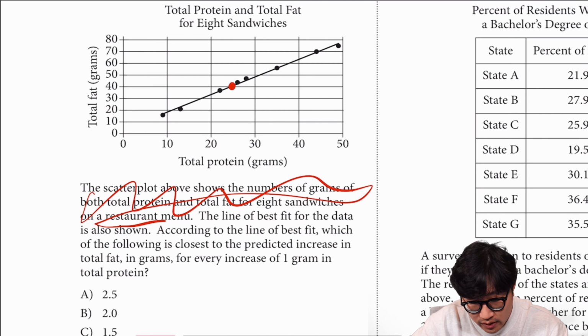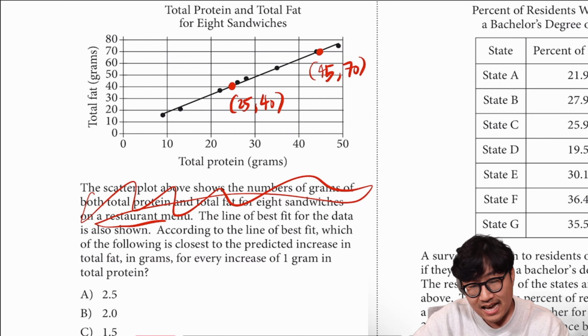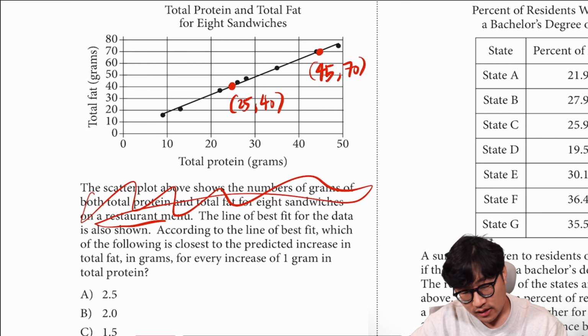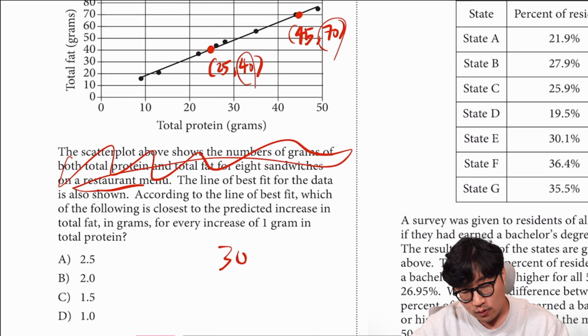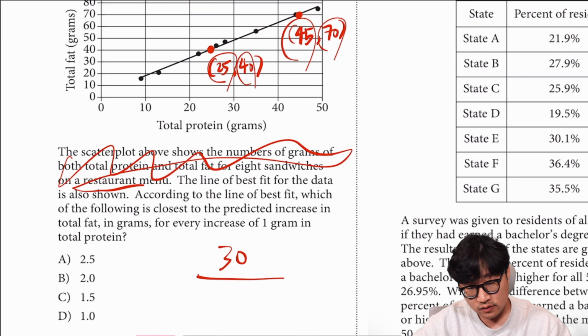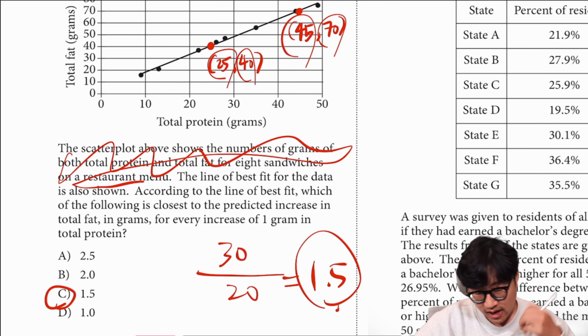I'll just grab that one and call it, like, 25 and 40. And then grab that one and call it 45 and, what is that, 70? Yeah, it's probably not very accurate, but it's close enough. So 40 to 70, that's a rise of 30, over 25 to 45, that's a run of 20. So it should be about 1.5 as a slope. Yeah, which was pretty accurate, right?